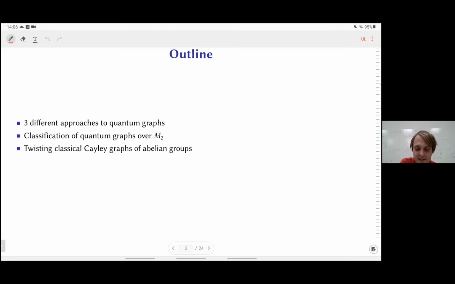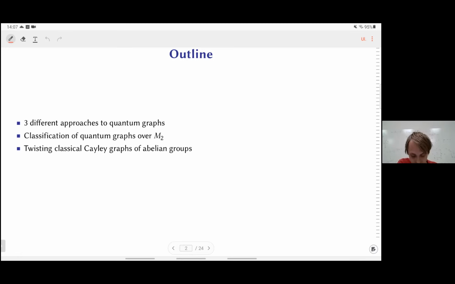Because this is a very new topic, and I think we do not really understand it well so far. At least I personally don't feel like I understand it too much. So this is really what should be done now, and I think the first step one should do is to look at some examples. This is the main point of my article and what I will present today.